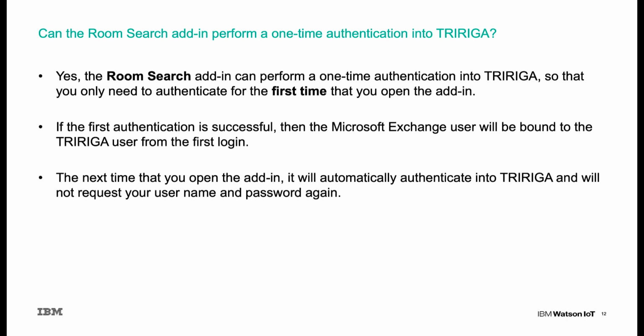So if the first authentication is successful, your Exchange user will be bound to the TRIRIGA user that you used, and the next time you open the add-in, it will automatically authenticate you into TRIRIGA. You don't need to inform your user and password again. Let me demonstrate that.